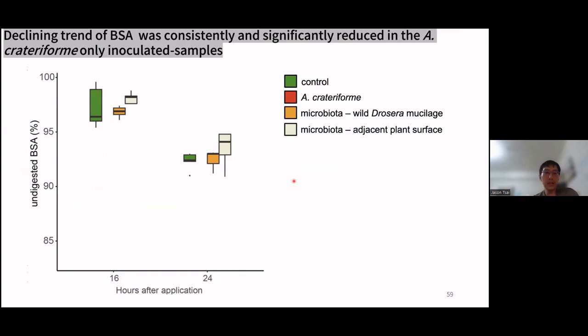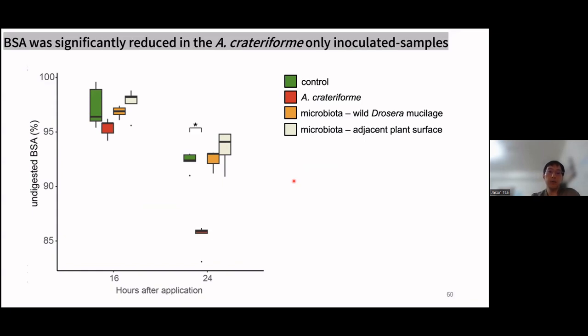We see here that there was no significant difference in the 3 treatments, sterile plants versus the 2 wild microbiota. Strikingly, when inoculated with Aquodontium, as depicted in the red box, there was a significant reduction in undigested BSA at both time points, indicating that this fungus substantially enhances the protein digestion process in Drosera mucilage.